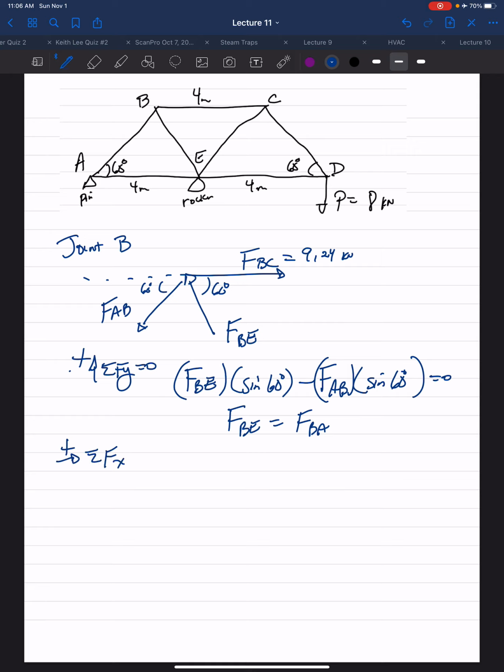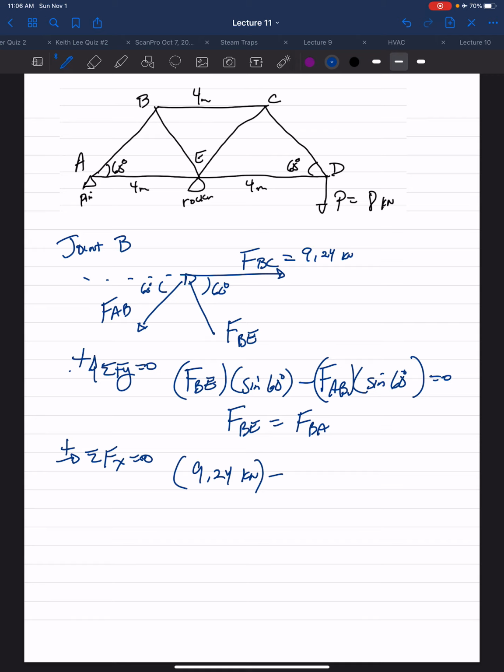Take the sum of my forces in the x direction. You have your FBC, which is 9.24 kilonewtons, minus, and we'll say FBE equals FBA, so we can substitute either one.